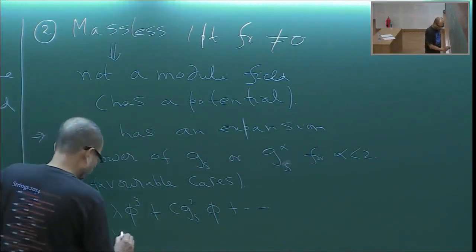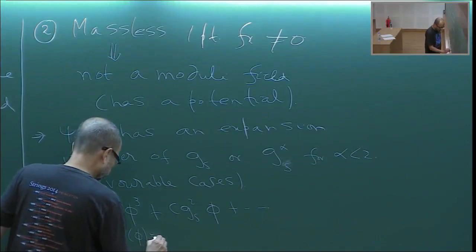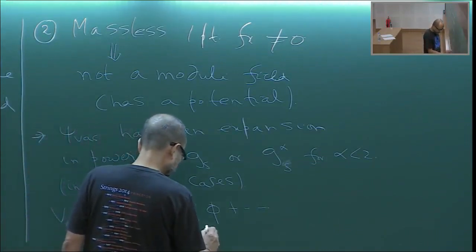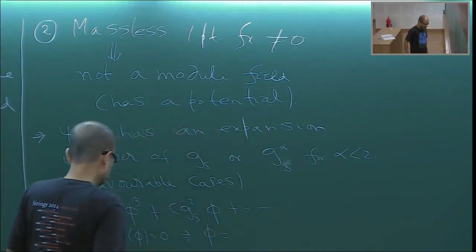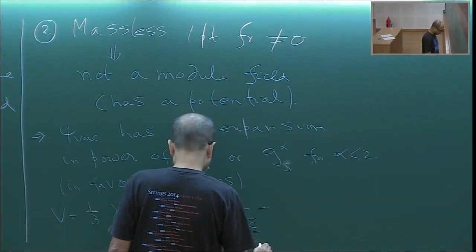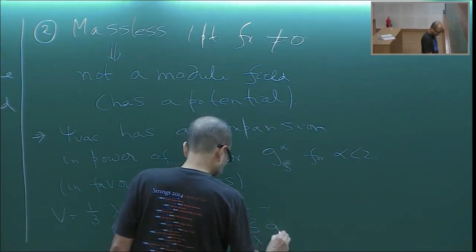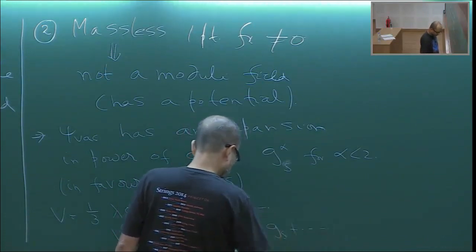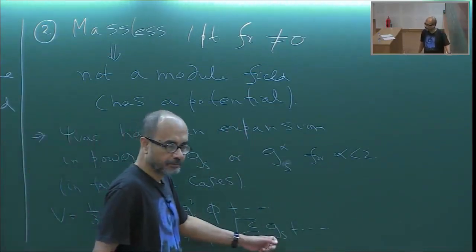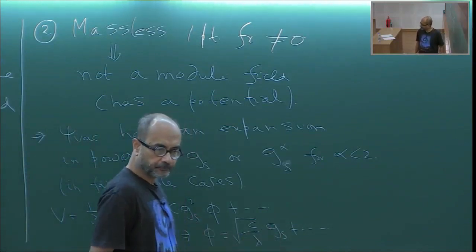But now, when you solve for v prime phi equal to 0, you see that phi starts at square root of minus c over lambda times g string plus higher order terms. So the expansion of the field is no longer in powers of gs square but in powers of gs.